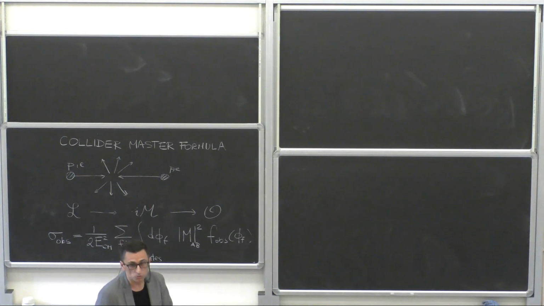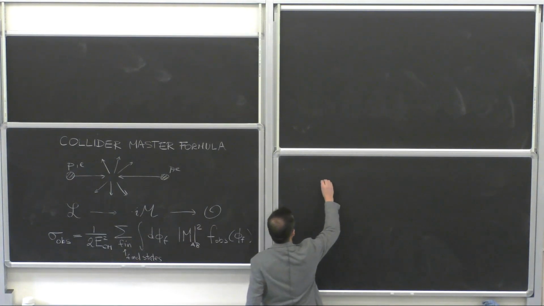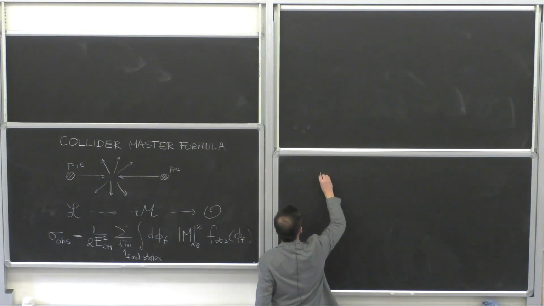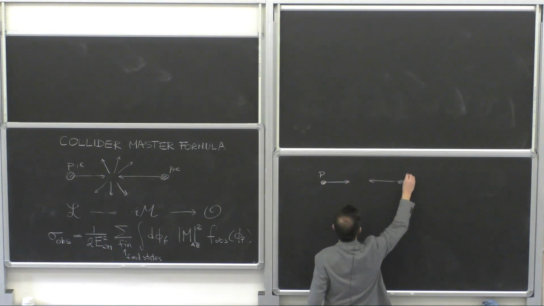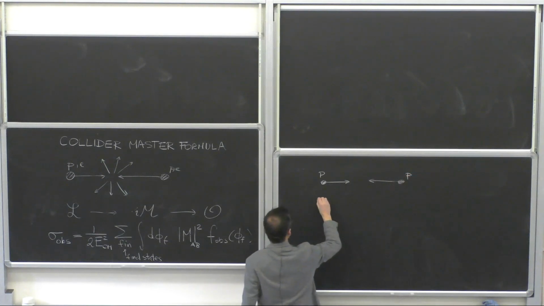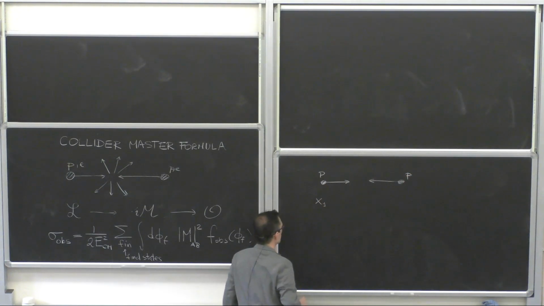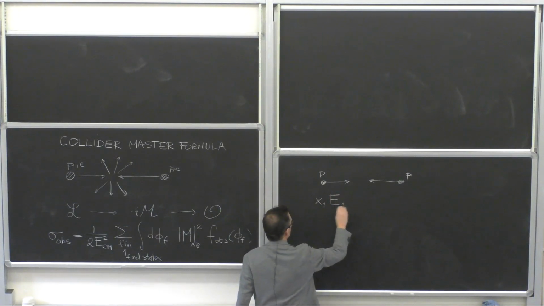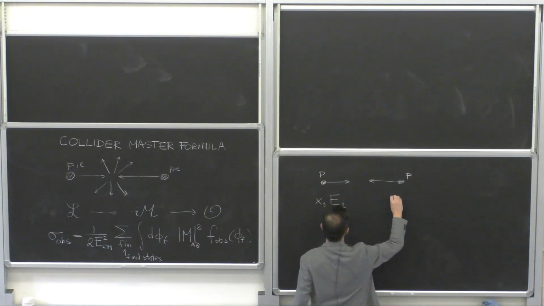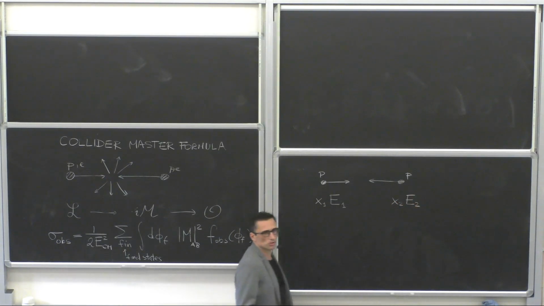Let me be a bit quick here because I'm pretty sure that you know this well. If you have a proton-proton collision, what we say is that there will be a parton 1 in proton 1, which will have a fraction x1 of the energy of beam 1, and x2 a fraction of the energy of beam 2.